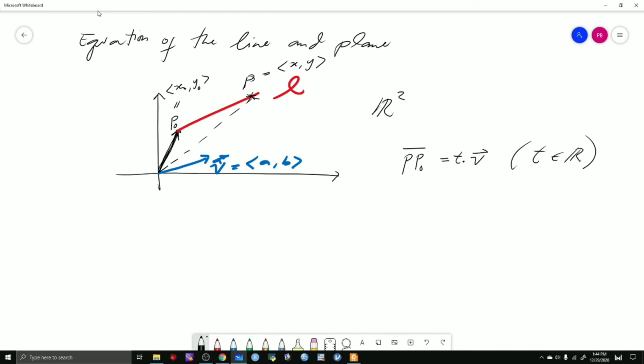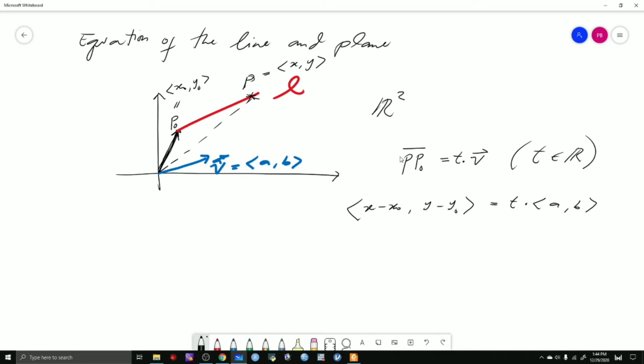So by this, we have (x minus x0, y minus y0), and then we have t multiplied by the vector (a, b). Now this difference here, I'll decompose this.